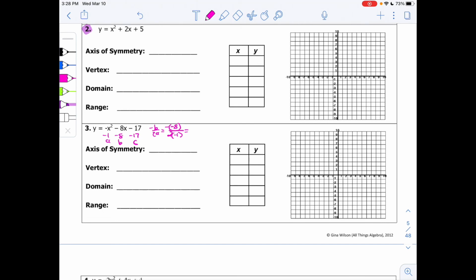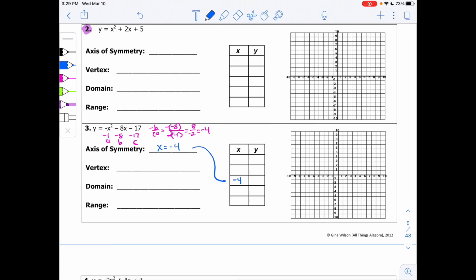Now a negative times a negative makes this a positive 8, over 2 times -1 is -2. 8 divided by -2 is -4. So our axis of symmetry is x equals -4.